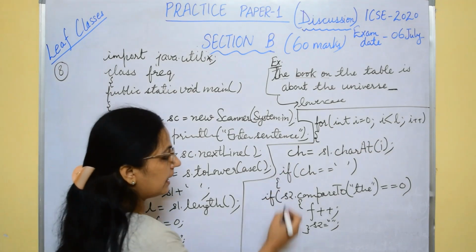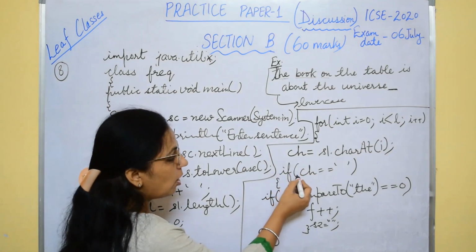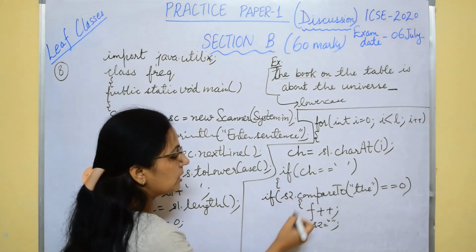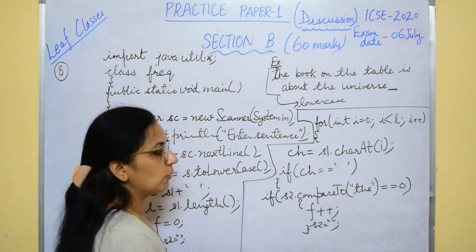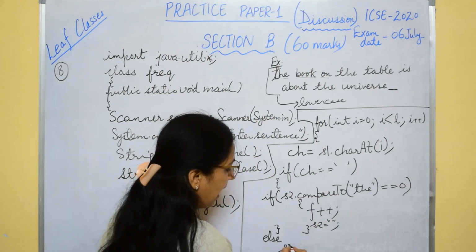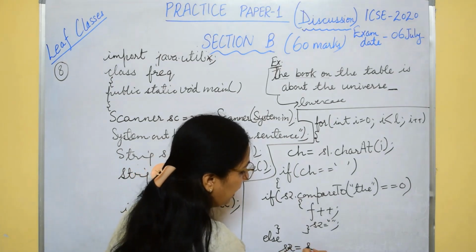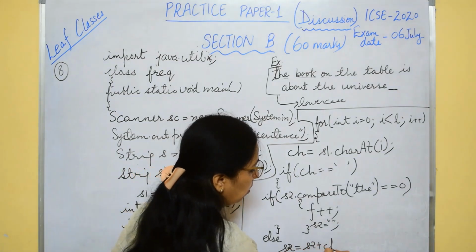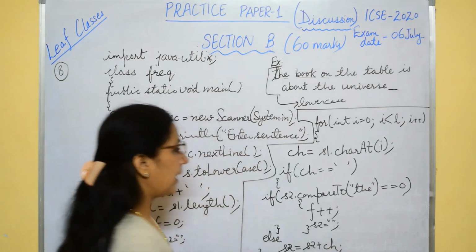Now if this condition is not true, if it is not space, then what you have to do? In that case, you will add character by character to the string s2.